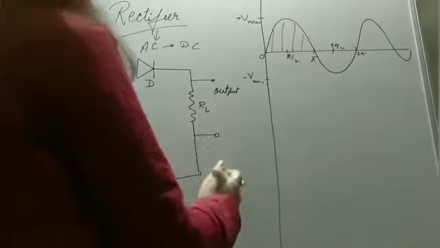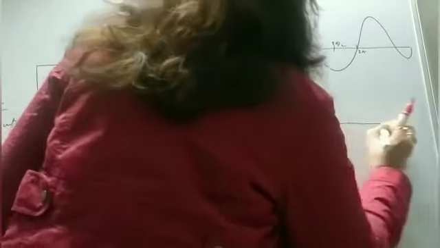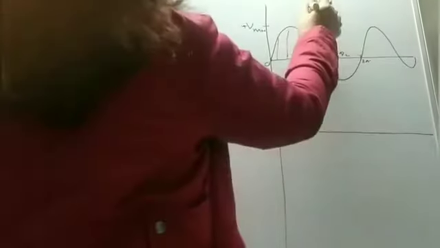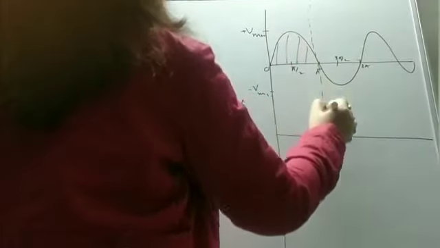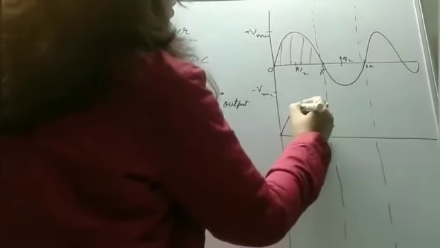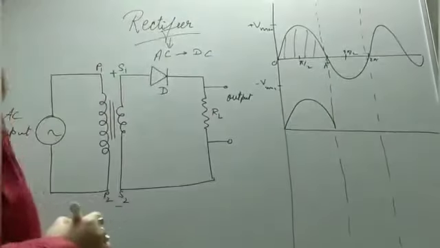So what will be the output over here? We will be getting a current. In which form will we be getting the current? The current is due to the majority carriers. So in the positive half cycle, I am getting the current.